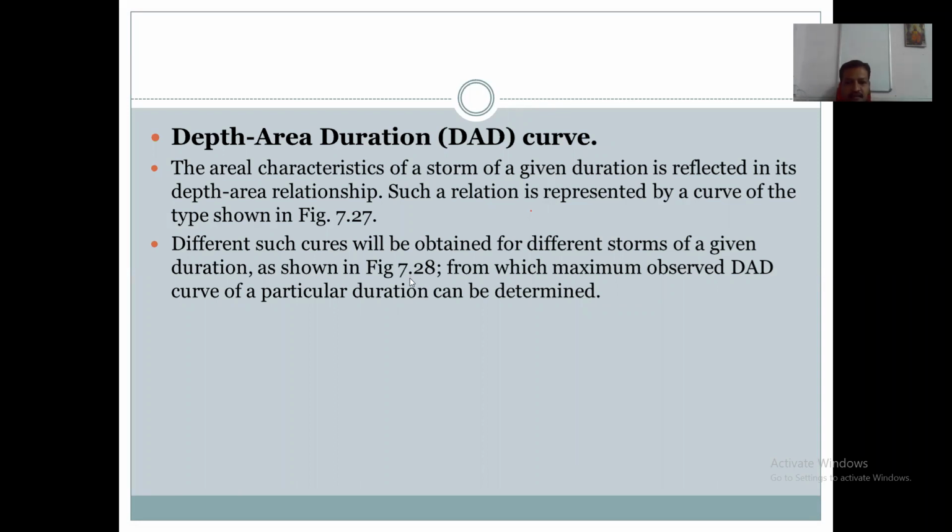So the aerial characteristics of the storm of a given duration are given in this curve, the depth area duration curve.